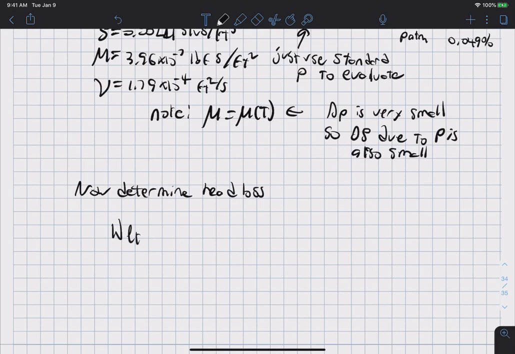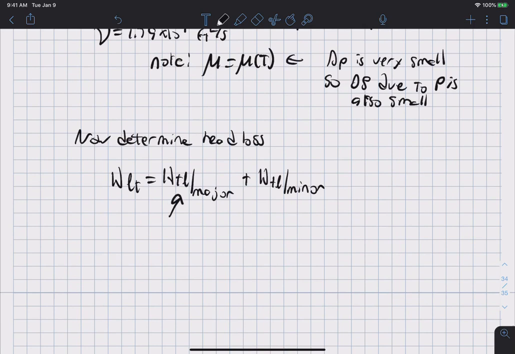So the head loss is equal to the head loss based on major losses, which are just friction from the pipe on the walls due to the fluid flow, and the minor head losses, which are due to losses due to the components and things like that. The major losses are the sum of the Darcy friction factor times L over D times the average velocity squared over 2g.